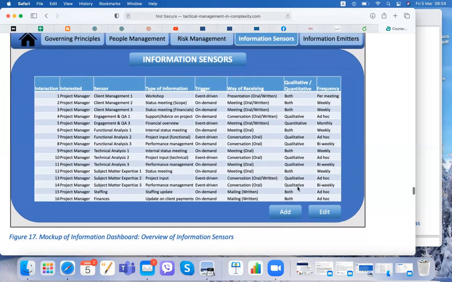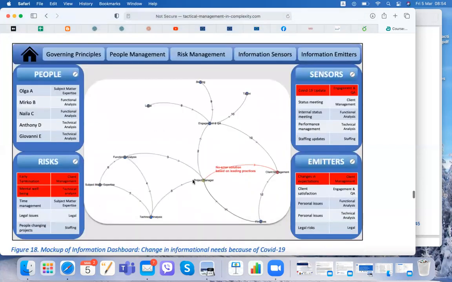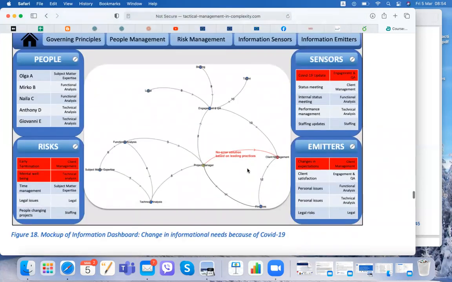So you have to try to do that as a manager, and you need to be able to see how this helps predominantly the manager, for tactics in here, and also how it involves all the other stakeholders, and how these information sensors are changed.